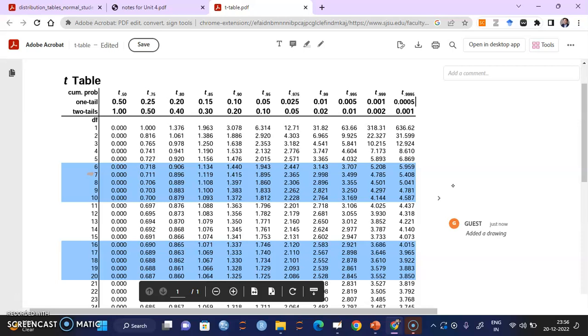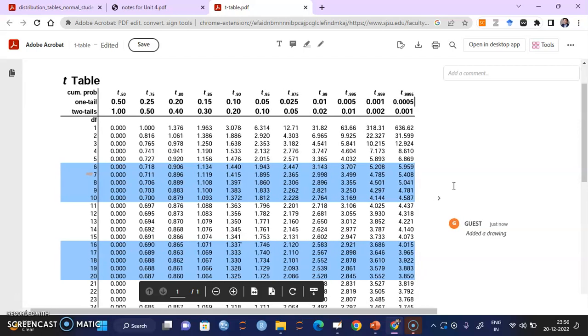Next we'll see whether we are doing a two-tailed test or one-tailed test. We're doing a two-tailed test, so let's go for the 0.05 column. At the intersection of this column and 7, we'll choose that value, and it will be 2.365. So this is the critical value given degree of freedom as 7 and the significance level as 0.05 for a two-tailed test.